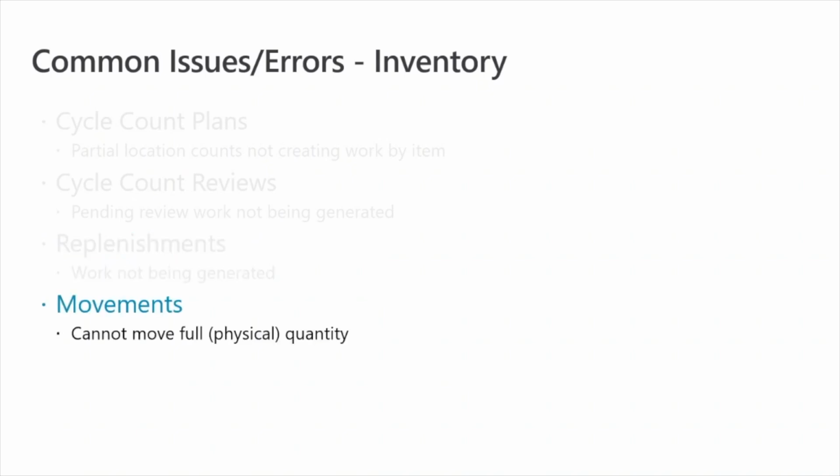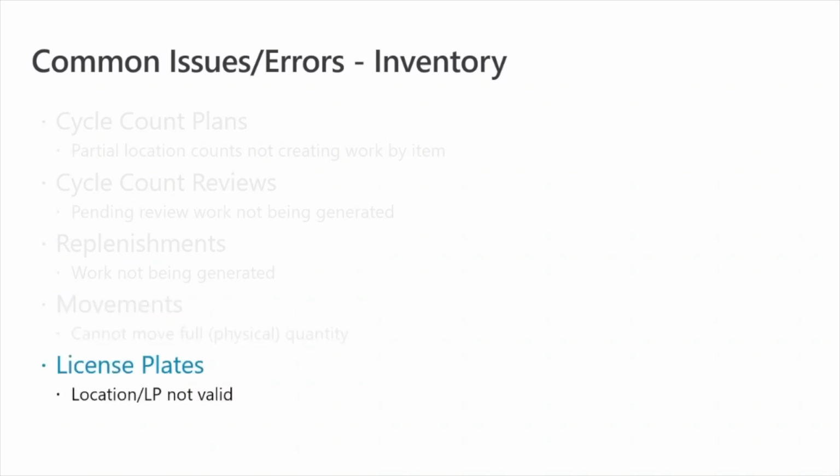For movements, which are location to location or bin to bin movements within the warehouse, the user may have an issue of not being able to move the full quantity that's on a license plate or in a location. And finally, with the license plates themselves, when trying to scan them into the warehouse mobile app, the user might receive an error message that says that the location or license plate is not valid.